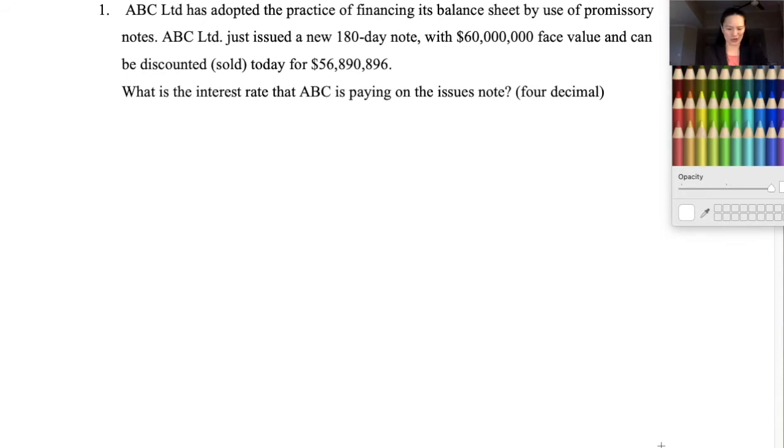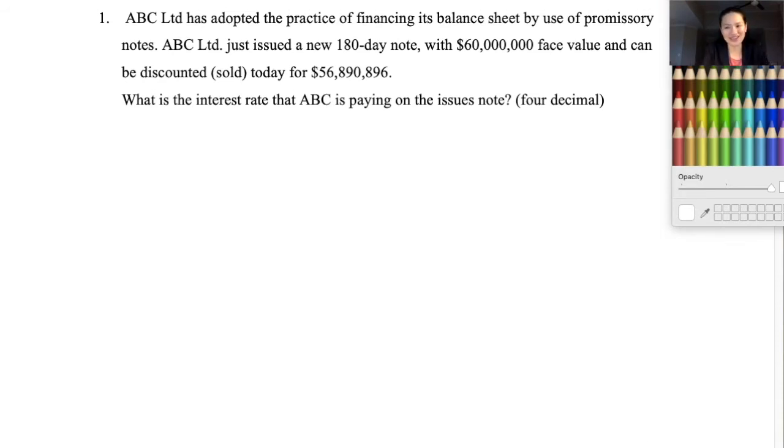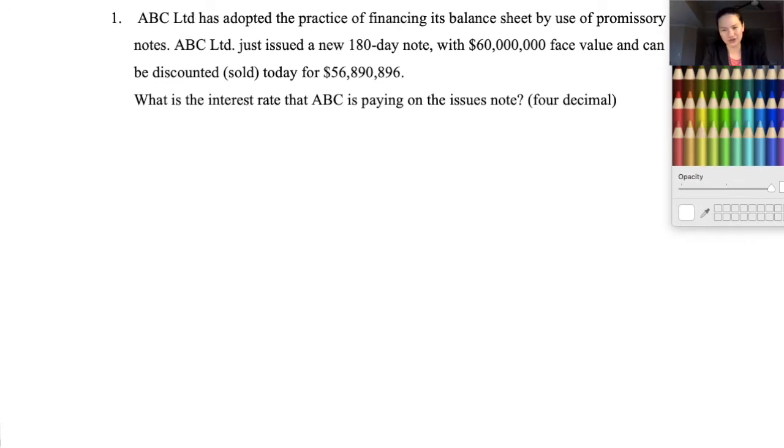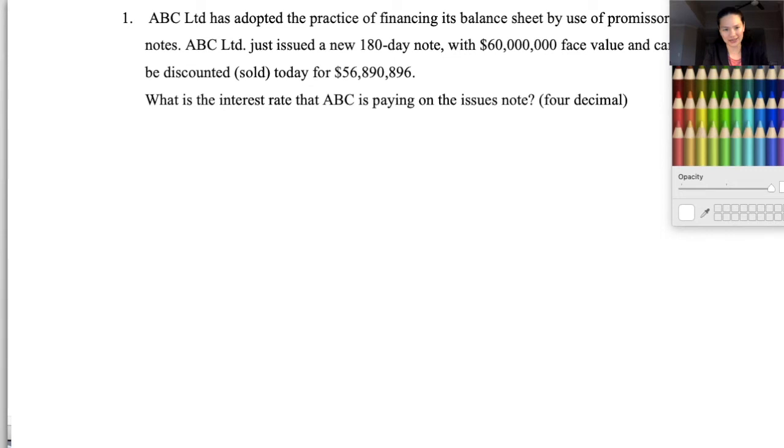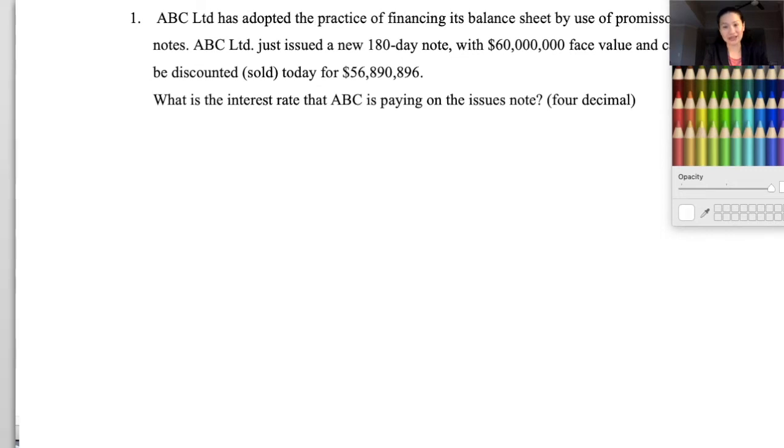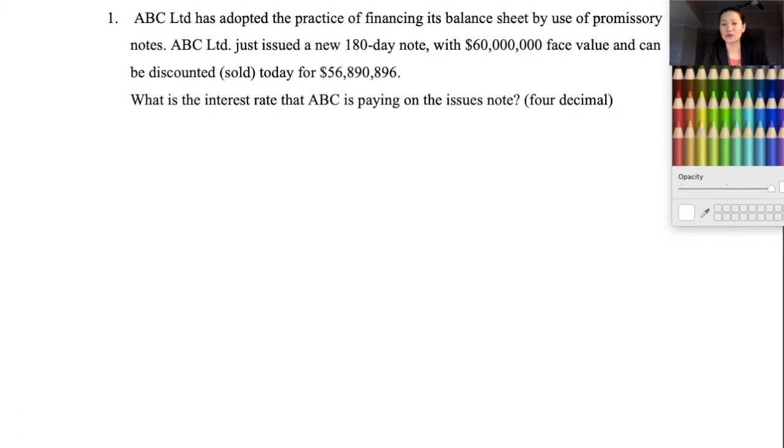Okay, when you read the questions, I encourage you to read the question at least twice every time you do mathematics or finance. We go through it together.